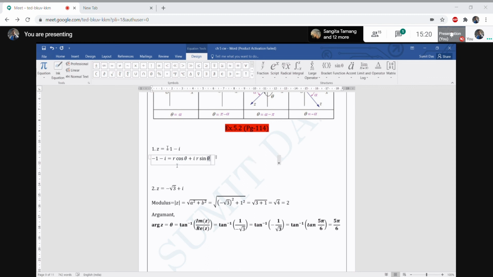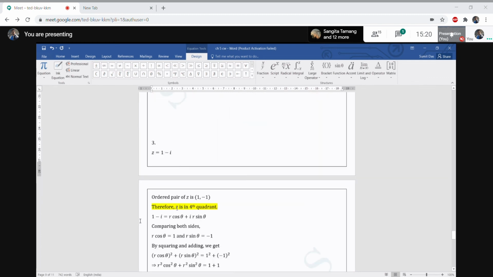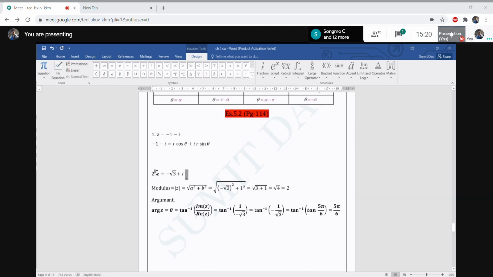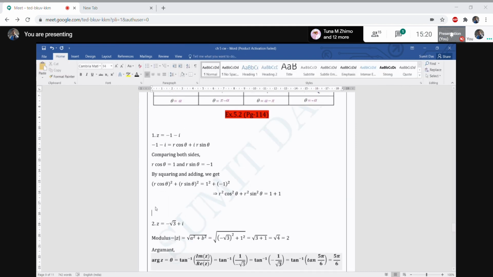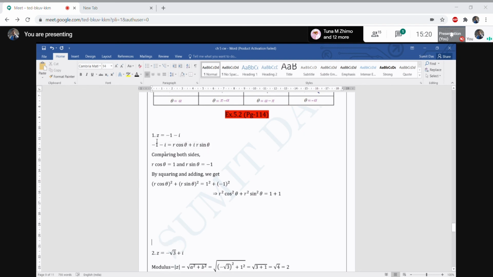Then comparing both sides, r cos theta will be minus 1 and r sin theta will also be minus 1, right?